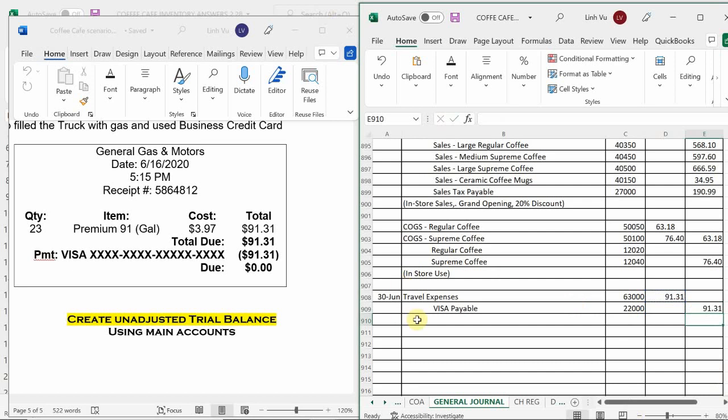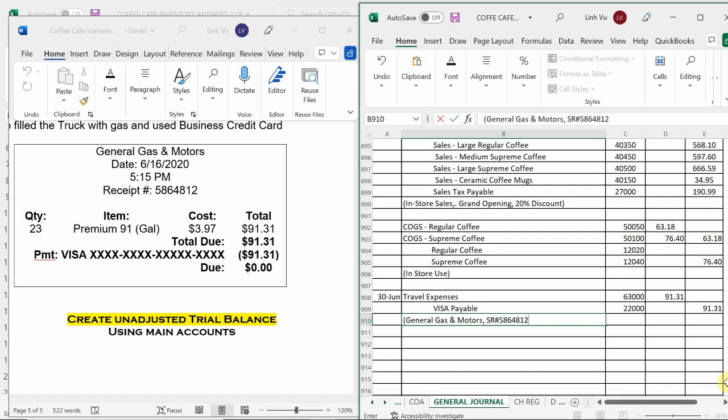And who did we purchase this gas from? We purchased it from General Gas and Motors. Sales receipt number 5864812.